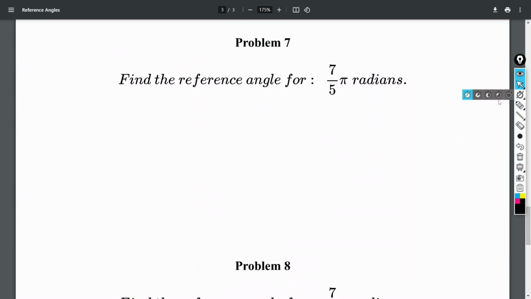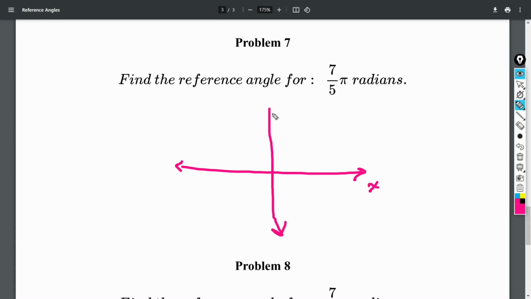Okay, so problem 7. We are looking at 7 pi over 5 radians. So we'll draw out our x-axis here, draw out our y-axis here. Not a very good y-axis, but again, 0 radians, pi over 2 radians, 1 pi radian, 3 pi over 2 radians, and then we're back to 2 pi back here.